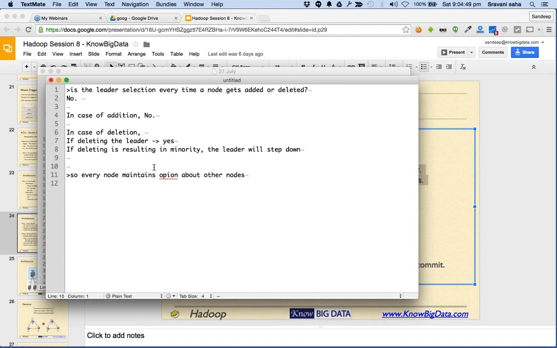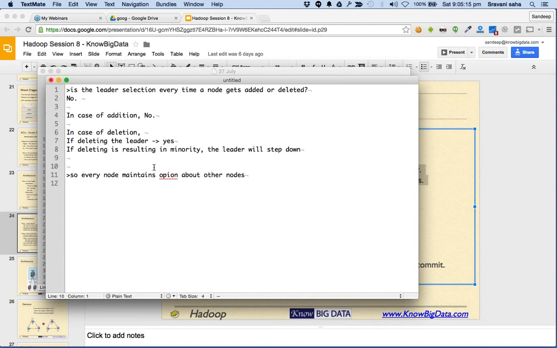But in case of addition, there will be no election unless the current leader fails to perform within a stipulated time. If the leader does not respond for some time, I'm not sure if it is 200 milliseconds, if the leader fails to perform, suddenly the leader will step down and an election will be announced.